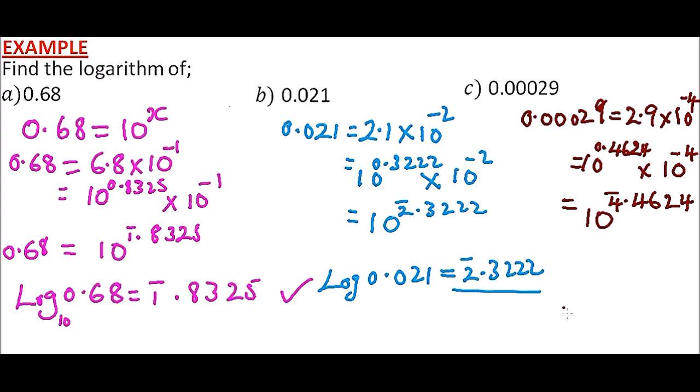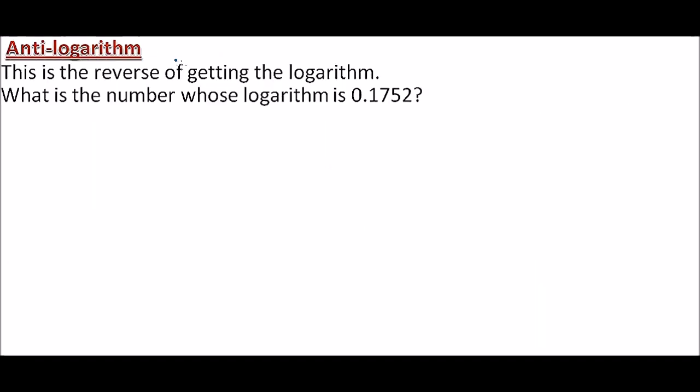So the logarithm of 0.00029 is equals to bar 4.4624. So that is the example, and I hope you have understood how now to get the logarithm of positive numbers less than 1.